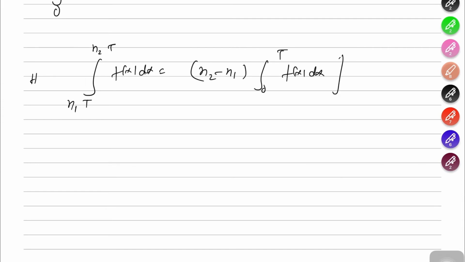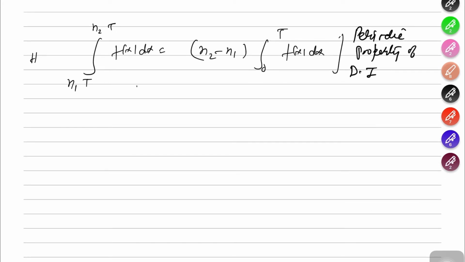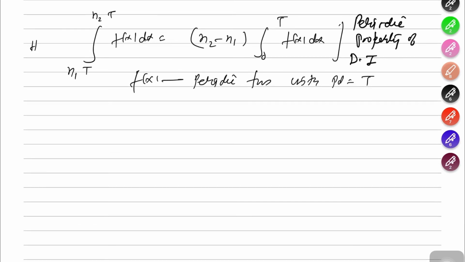This is one of the properties of the integral of periodic functions. This is called the periodic property of definite integration. And here f(x) is a periodic function with period t.